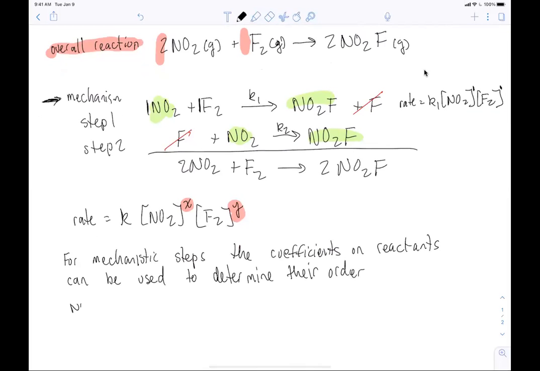This is not true for the overall reaction.